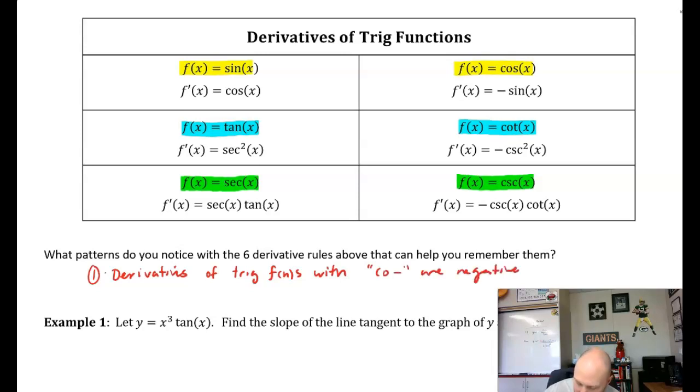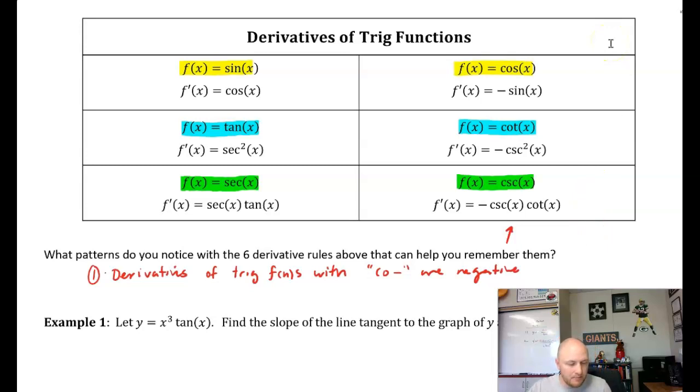Notice, every time I take a derivative of a cosine, negative sine; derivative of cotangent, negative cosecant squared; derivative of cosecant, negative cosecant cotangent. So that's pattern number one.